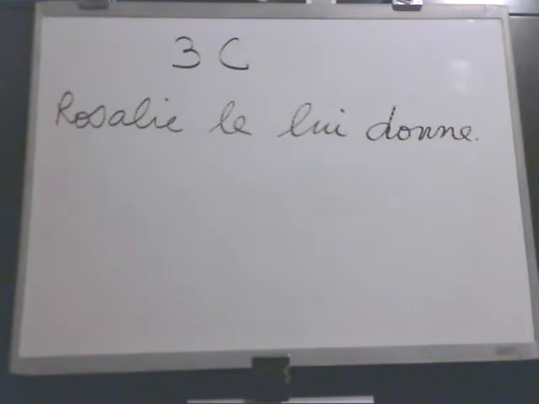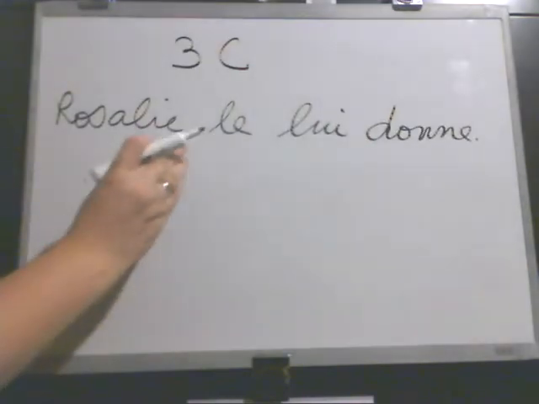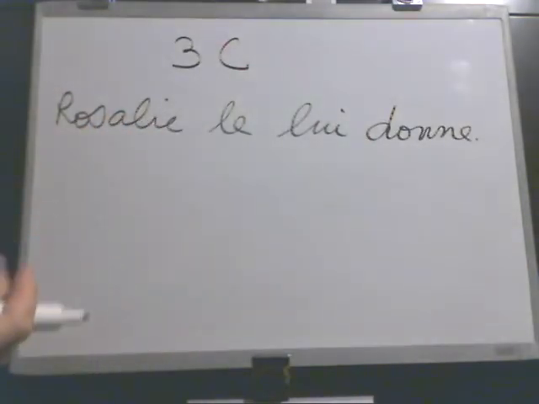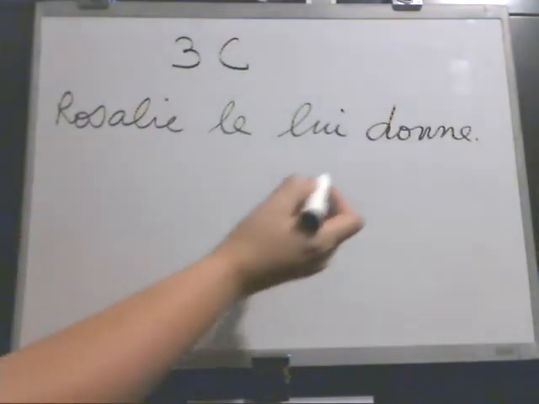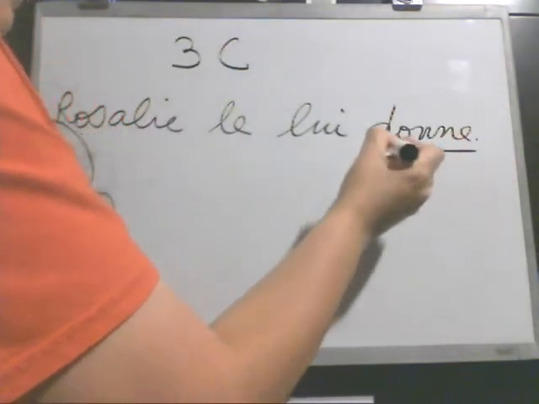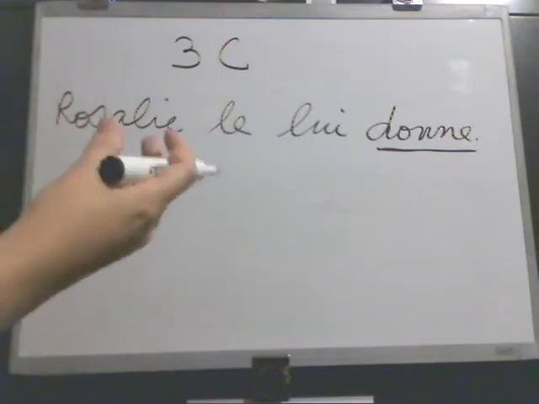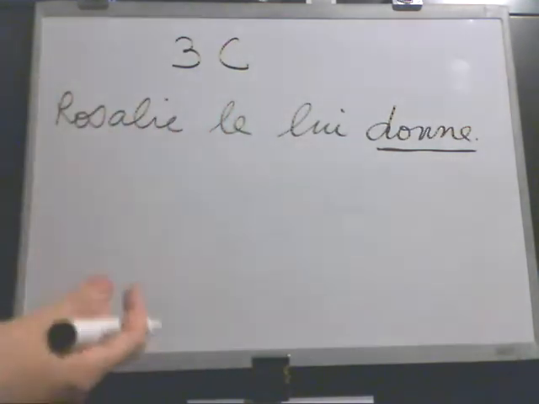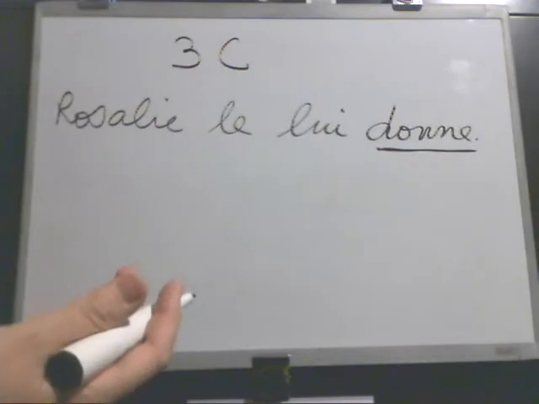What if Rosalie is going to give the gift to her? If I add a second verb, like going to give, then remember, we talked about this last year, that this is the verb that's giving the action, right? Giving the present, giving to her.